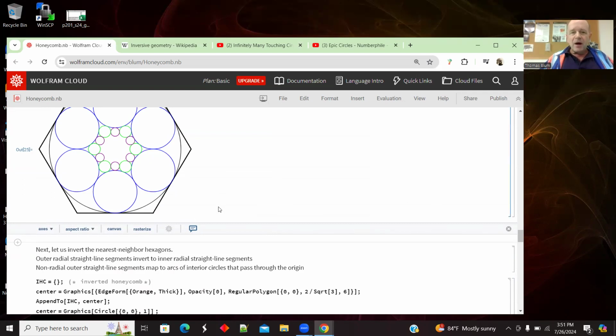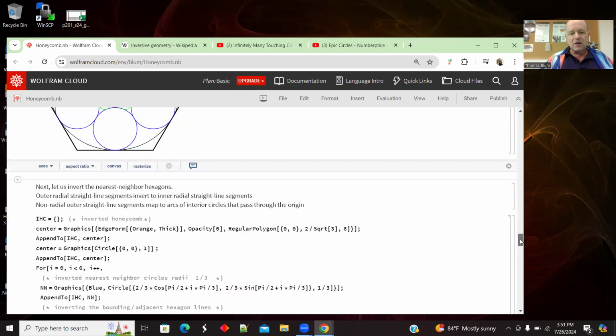And then that line, if you were to extend it, now I'm just doing a line segment, but if that line were extended, it would go to infinity, and the point that infinity would map onto would be the center of the circle.